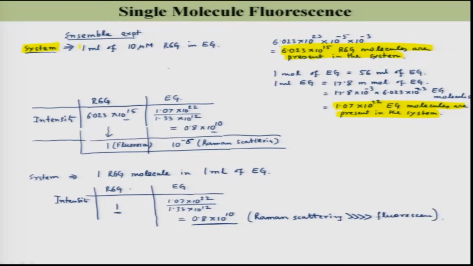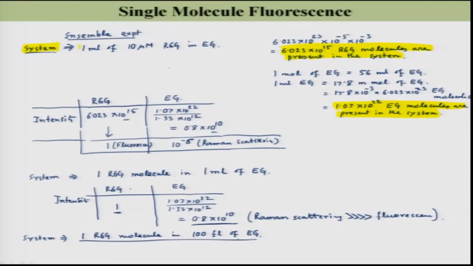Let me take my third system as one rhodamine 6G molecule in 100 femtoliter of ethylene glycol, right.